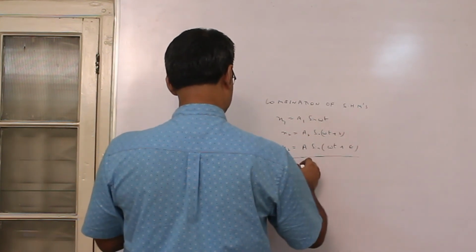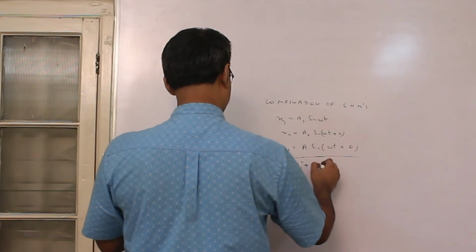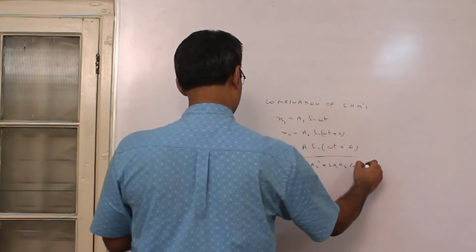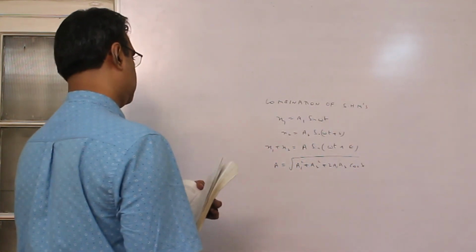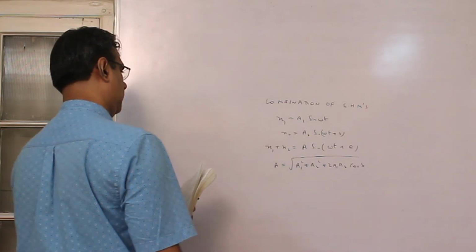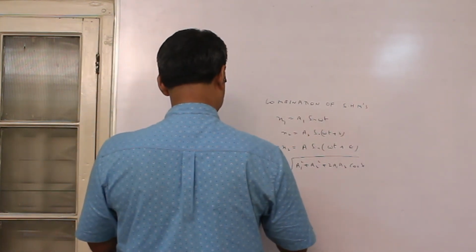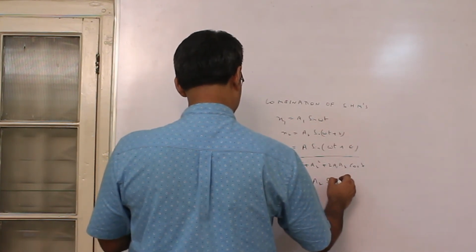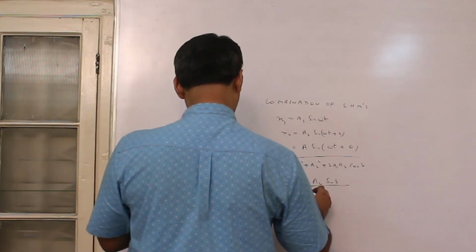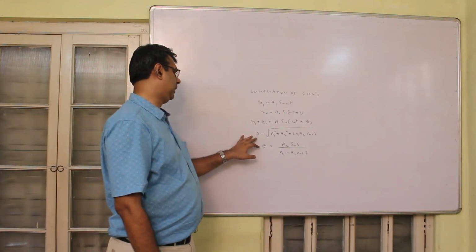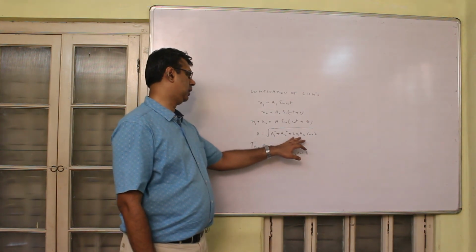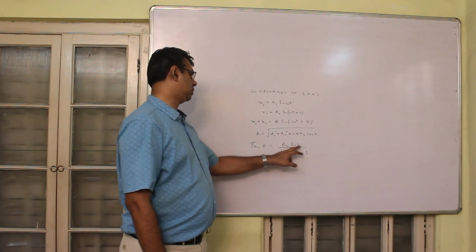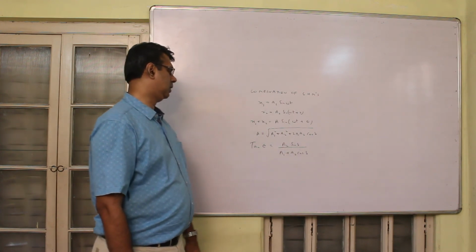So A is given by root over a1 square plus a2 square plus 2a1 a2 cos delta, and tan epsilon is a2 sine delta by a1 plus a2 cos delta.